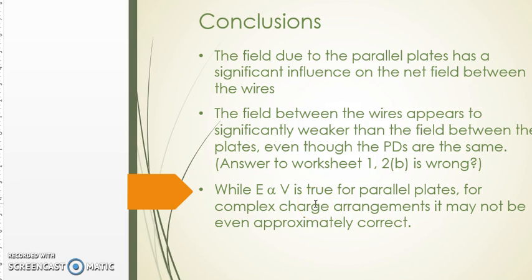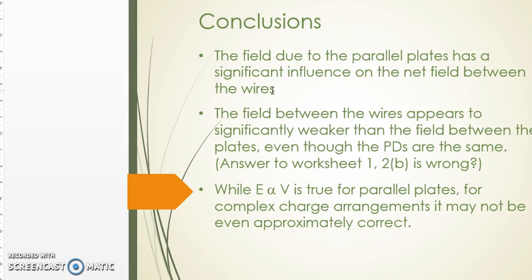So that's just my conclusion so far, that the field due to parallel plates has a significant influence on the net field between the wires, and that's true even when the wires are not lying between the two plates, because there is a significant fringe field around the parallel plates.